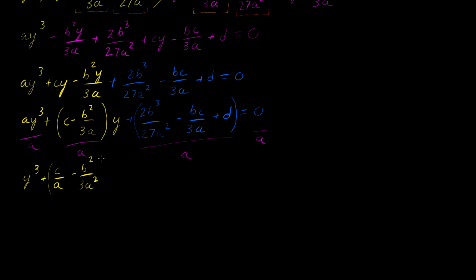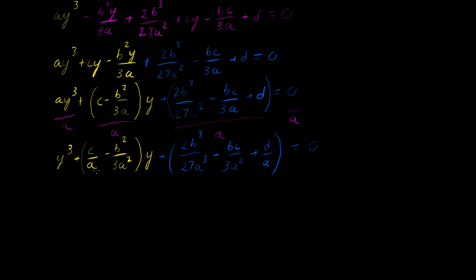And then we're going to be left with a plus 2b cubed over 27a cubed. Remember, we're just dividing everything by a, minus bc over 3a squared plus d over a. And all of that is going to be equal to 0 over a, which is just 0.